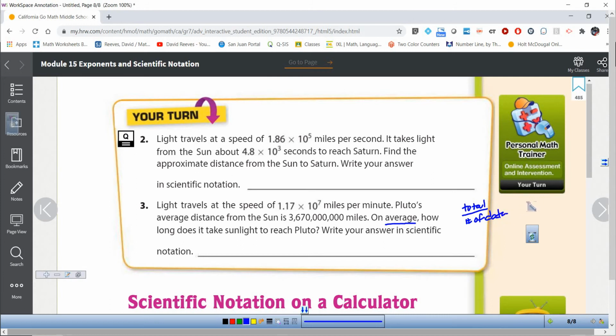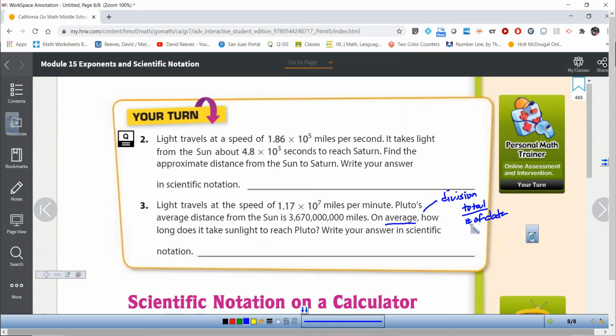So if you had 5 tests and you wanted to know your average, you would add up the total scores and you would divide by 5. So when you see average, you should think division. That's the operation you should think of when you see average.